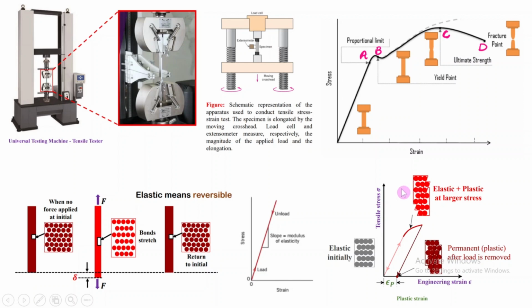So the material is still elastic. Now beyond that point B, the material is plastic. If we apply the external force, these layers will slip on each other, and if we remove the external force, these atoms will not come to their original position.